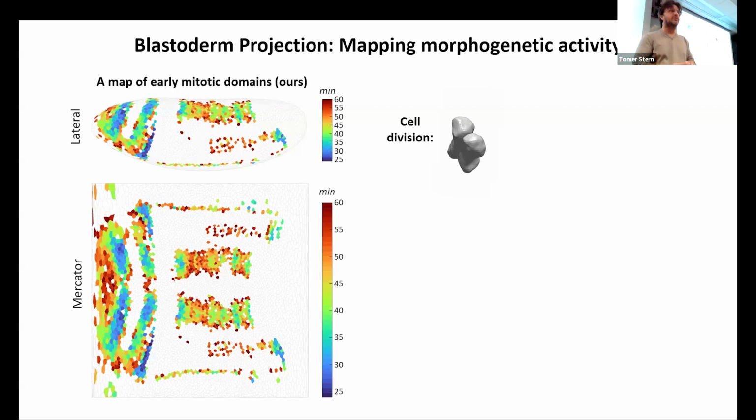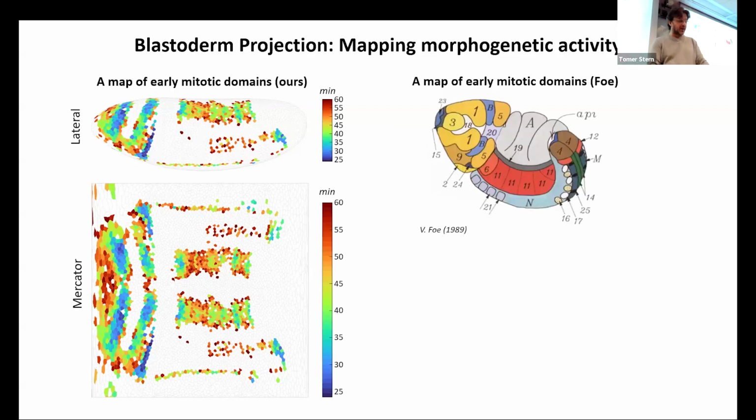So how accurate is this information? The only reference that we had for mapping these cell divisions was a paper by Victoria Foe from 1989. She's today an emeritus at the University of Washington, I think. She worked for quite a few years to map the 25, I think, mitotic domains of the early fruit fly, in a paper that everyone in the field knows.